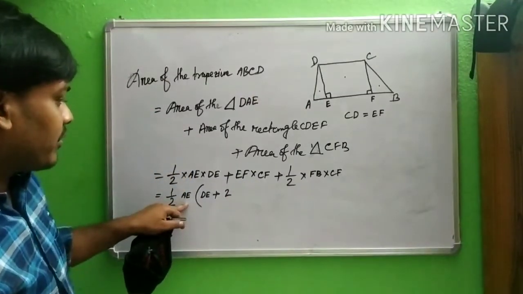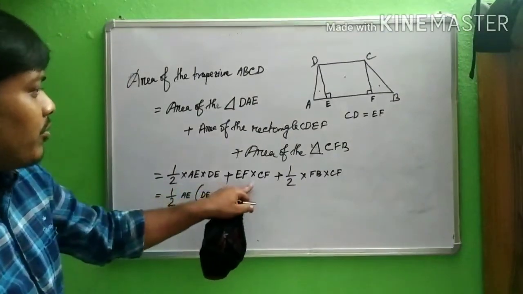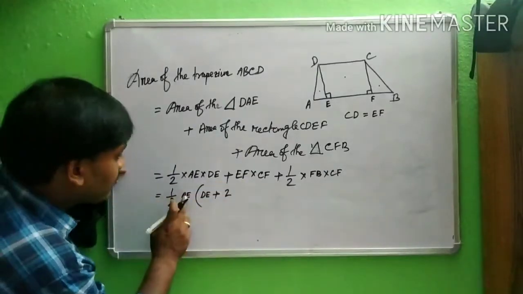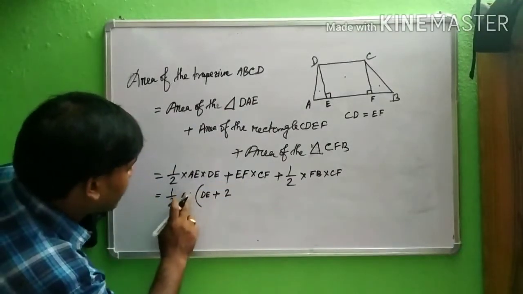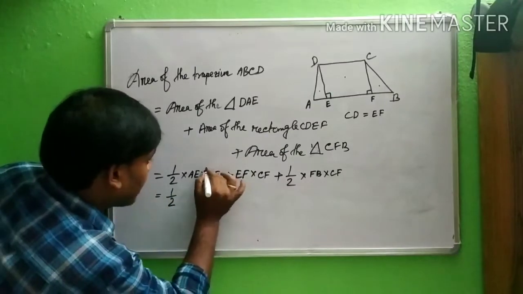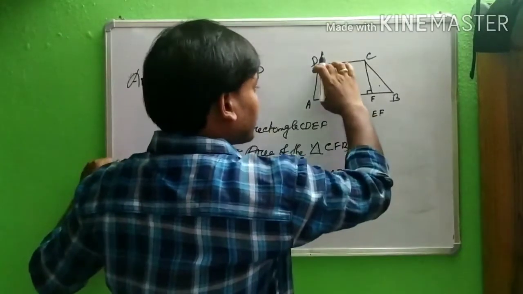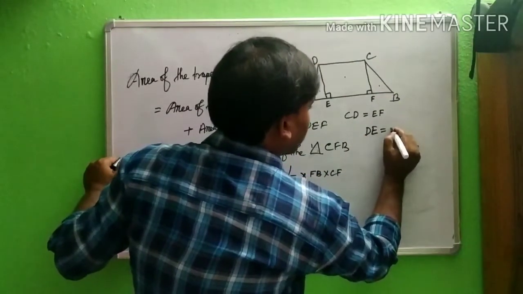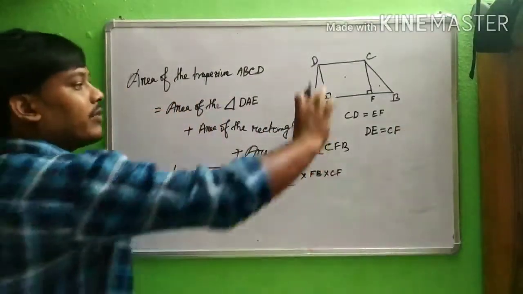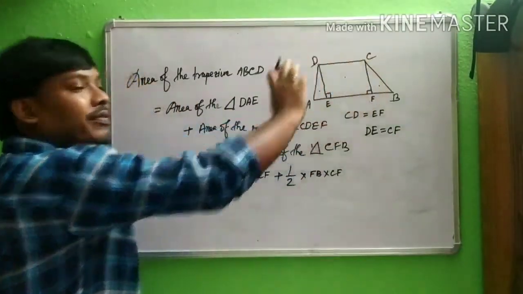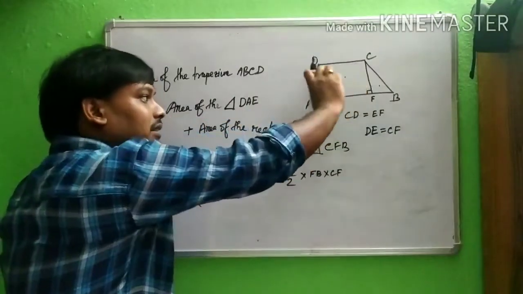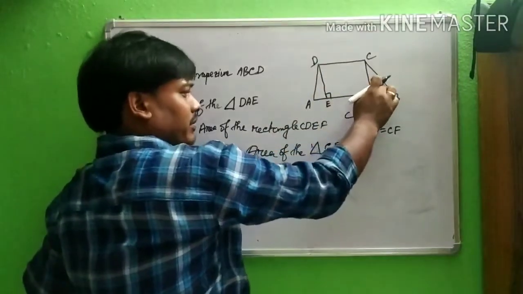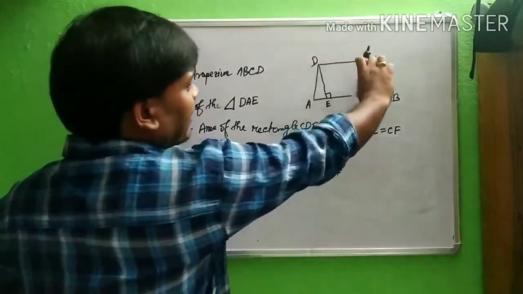And DE and EF equal, because these two lengths are perpendicular, so DE equals CF, not EF, DE equals CF, because these two are the height of the trapezium, and the value of height is equal.